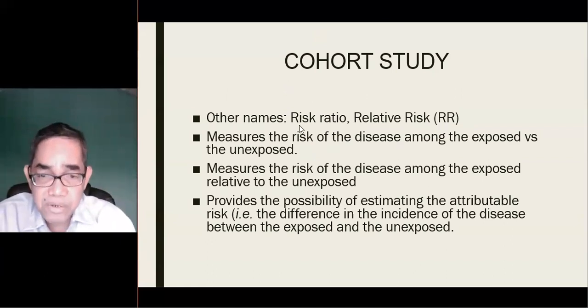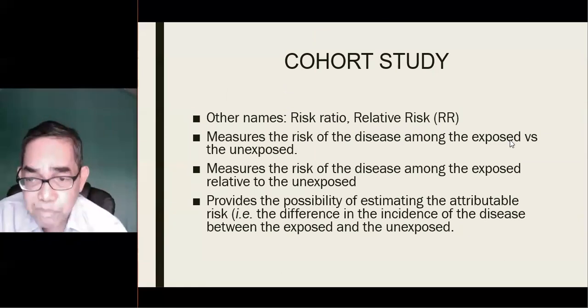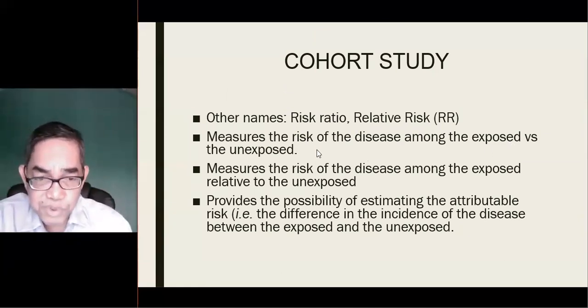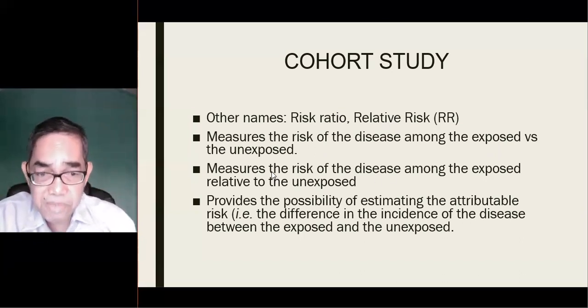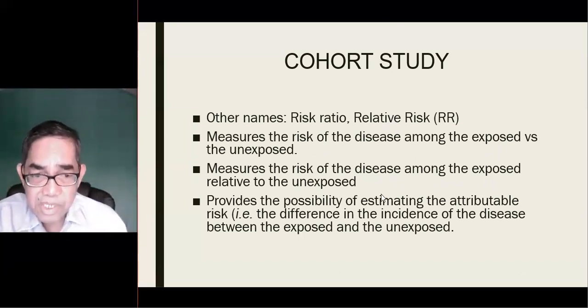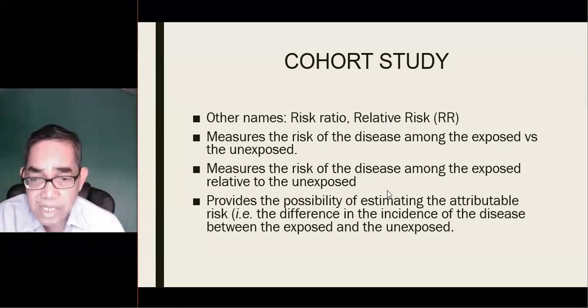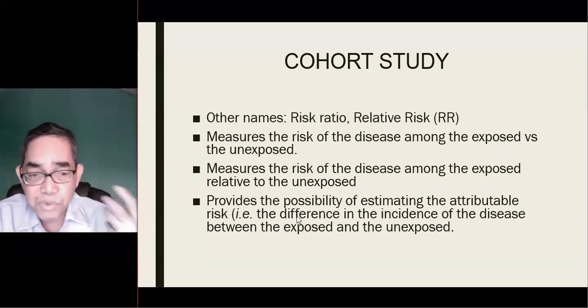It is called risk ratio because it measures the risk of the disease among the exposed versus the unexposed. It is also called a relative risk because it measures the disease among the exposed relative to the unexposed. And a cohort study provides the possibility of estimating attributable risk.